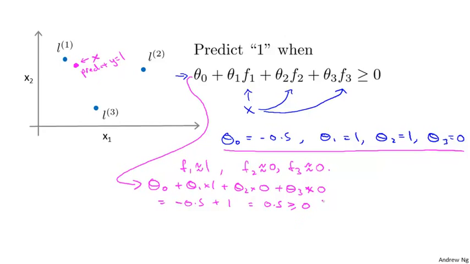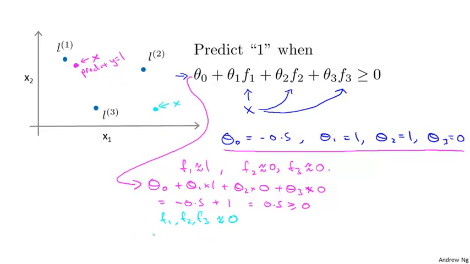Now, let's say I take a different point. I'm going to draw this one in a different color, in cyan. For a point out there, if that were my training example X, then if you make a similar computation, you find that f1, f2, f3 are all going to be close to 0.